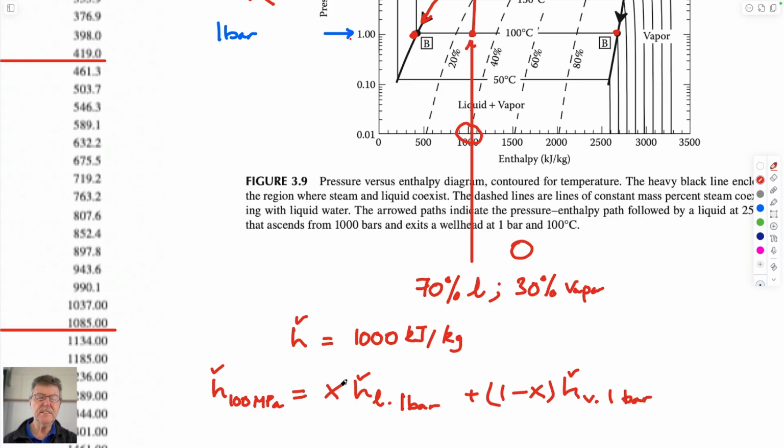And so in this, it's actually different from how we did it before. In this particular case, X is equal to the mass of liquid divided by the total mass. And 1 minus X is equal to the mass of vapor divided by the total mass.